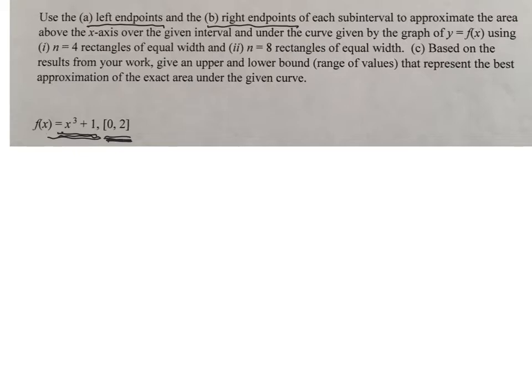now we're going to break this problem into several parts. So part A is actually going to have two parts in itself. N equals 4 rectangles, and then later we'll do n equals 8 rectangles. So part A will have 4 rectangles and 8 rectangles, and then part B we'll go back and use 4 rectangles for part 1 and 8 rectangles for part 2.